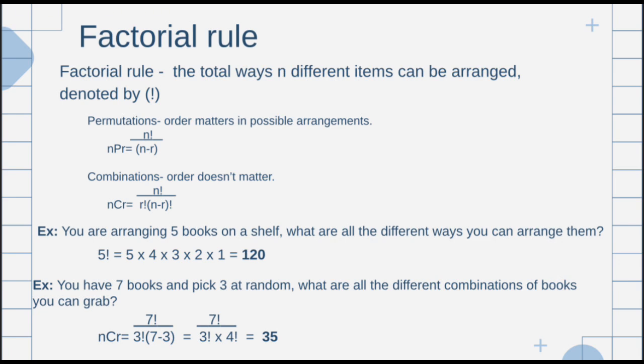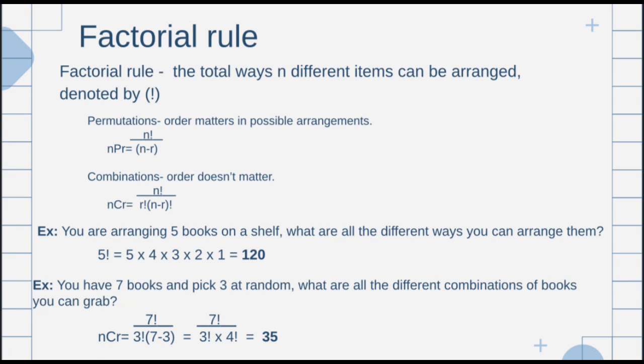In the case that it is not a permutation problem and you're trying to use the combinations rule, combinations are counted as the same. An example of this would be if you had 7 different books and you want to choose 3 books. In this case, the order doesn't really matter because you just want the 3 books. It doesn't matter how they're arranged on a shelf. You figure this out with n exclamation mark over r exclamation mark times (n minus r) exclamation mark.